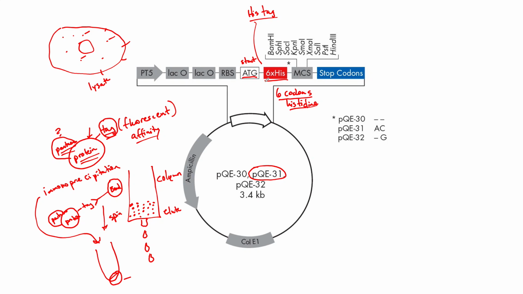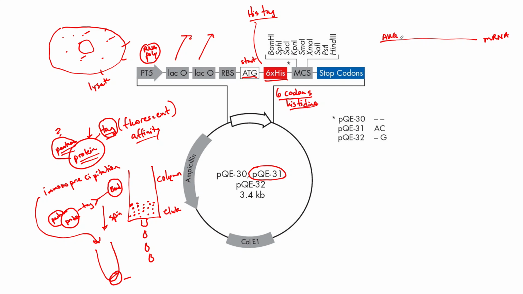And so what happens is when you put this plasmid into cells and this promoter is activated, where RNA polymerase binds to the promoter here, and we have an inducer that has released the repressor from the lac operon sites, then RNA polymerase will create an mRNA, and that mRNA will contain this start codon, these 6 codons of histidine, and the gene that you have cloned into this multiple cloning site. Those will all be in the mRNA.